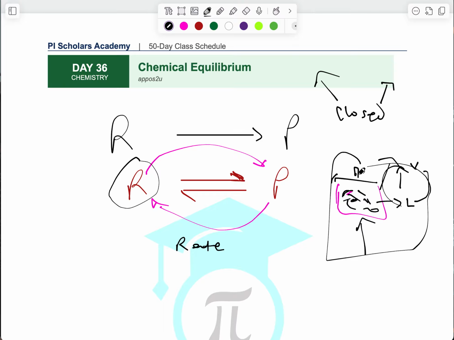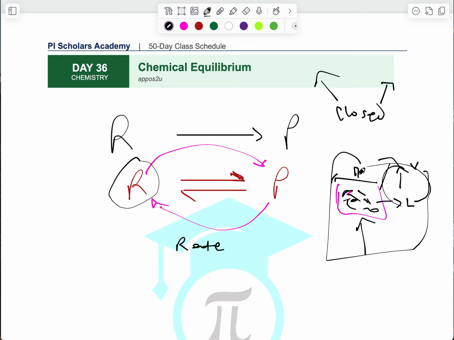That's number one. Also, like I've explained, it is dynamic. Both forward and backward rates are going to be the same. Another thing is that the concentration of the reactant and product remain constant.